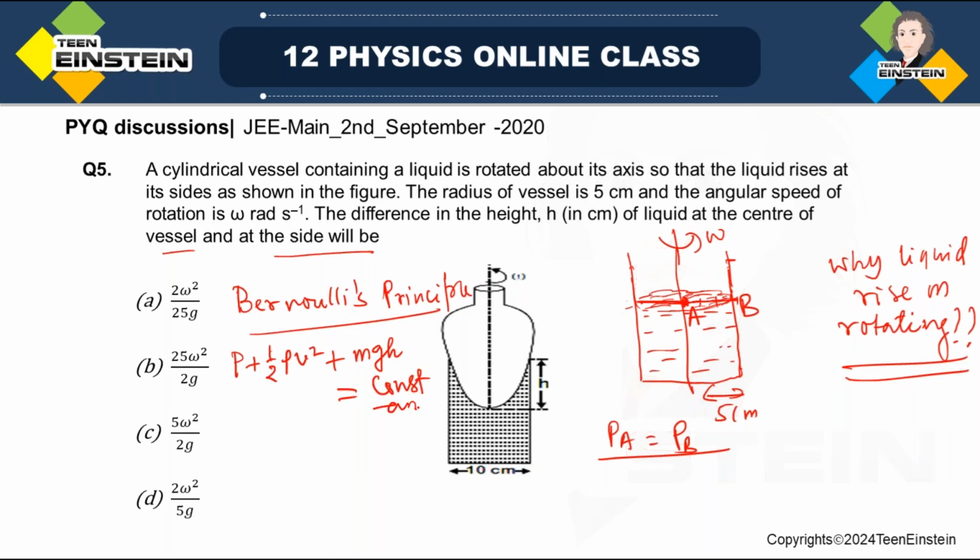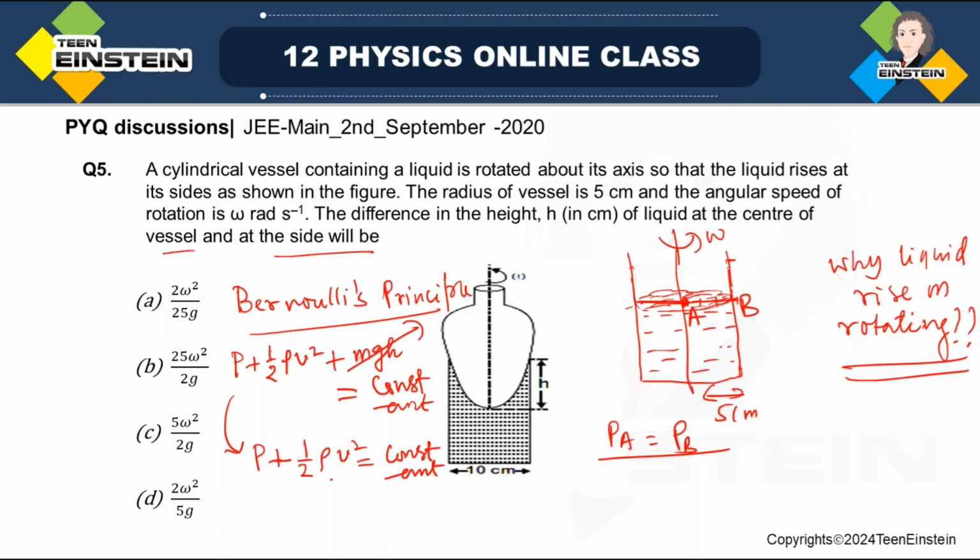When it is a horizontal surface, the potential energy part will not be there because h is 0. So finally, for the horizontal surface, if you rotate, half rho v square plus the pressure will be constant, isn't it?